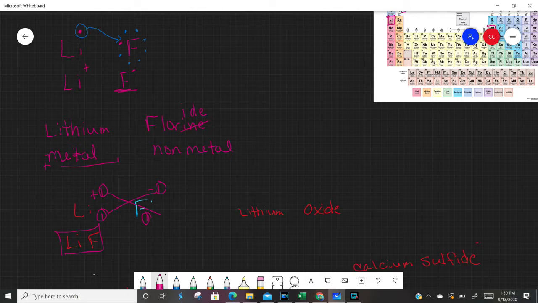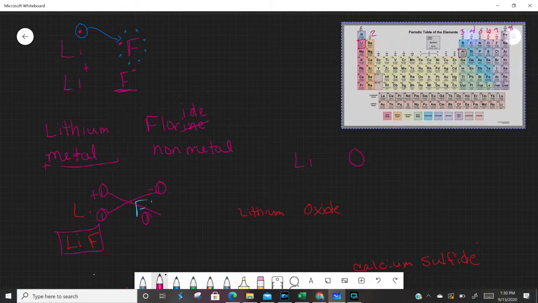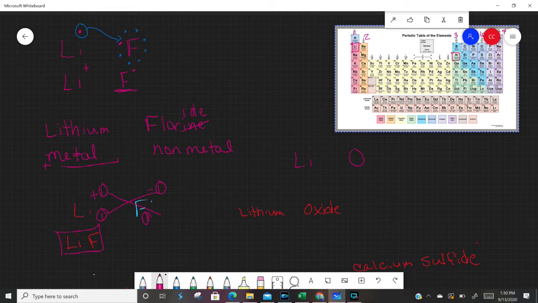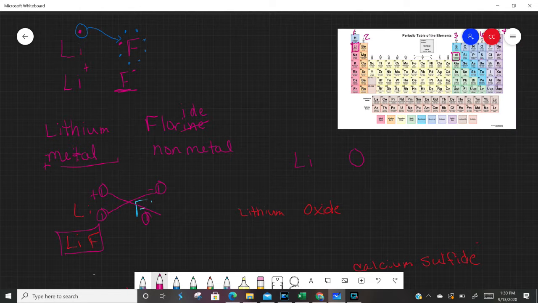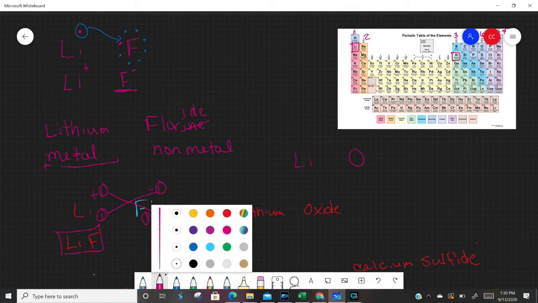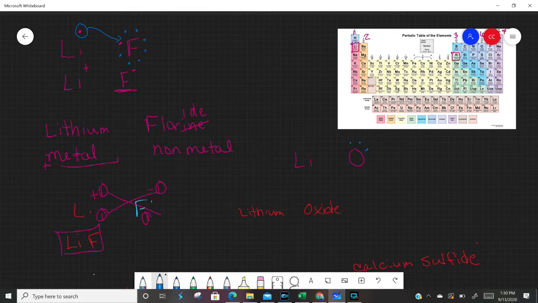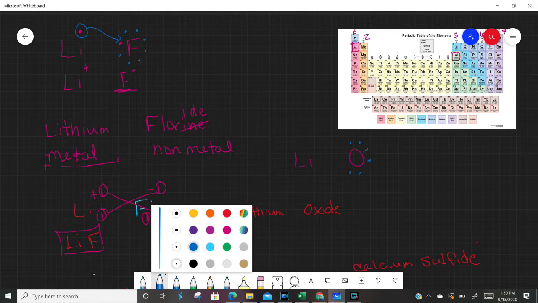So let's do lithium oxide. Lithium and oxygen. For the dot structure, oxygen is in group 16, so it has 6 valence electrons. Lithium still has just 1.